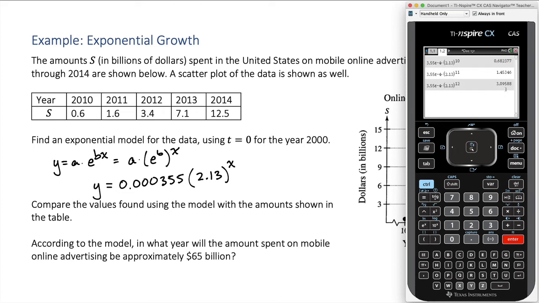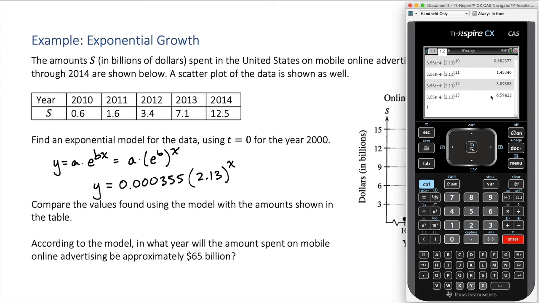So 3.096. Again, kind of close to 3.4, but not exact. And of course, we can go through and do this with all the different values. What we see is that while we do get some approximations, it's not perfect. You'll notice that most of these numbers that we got were a little bit smaller. Like these ones in the middle were a little bit smaller than the observed values.